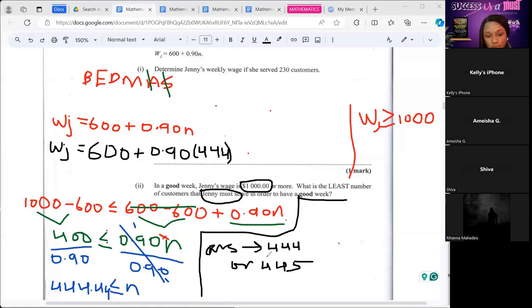So obviously it will be 445, but if you still want to test it to make sure, you could just remove this and change it to 445, and work like that.